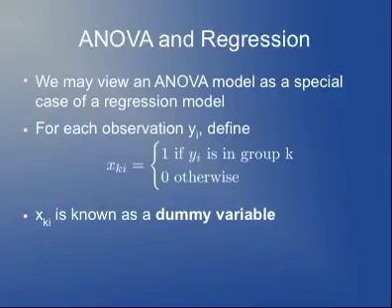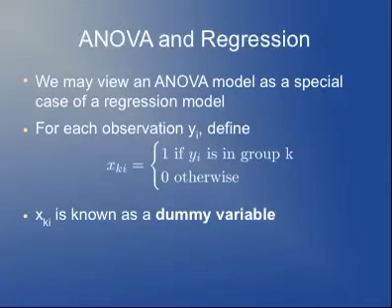The way you can view ANOVA as a regression problem is you define a set of dummy variables. A dummy variable is equal to 1 if the ith observation is in the kth group and 0 otherwise. So if you take the example of gender and race, you could have a dummy variable for gender that's equal to 1 if you're female and 0 if you're male.